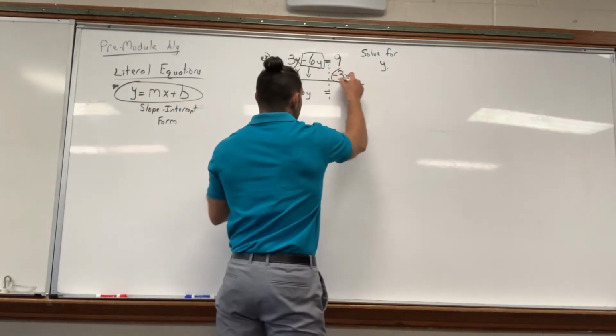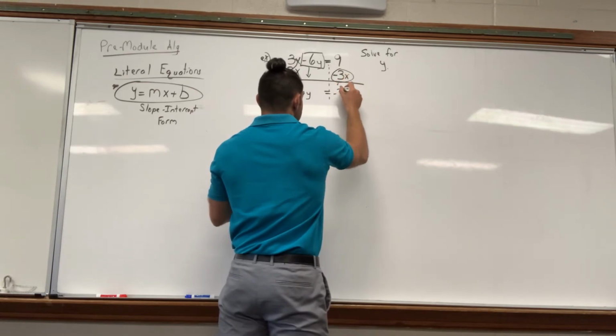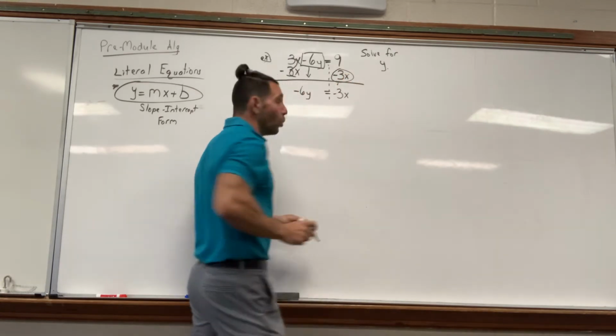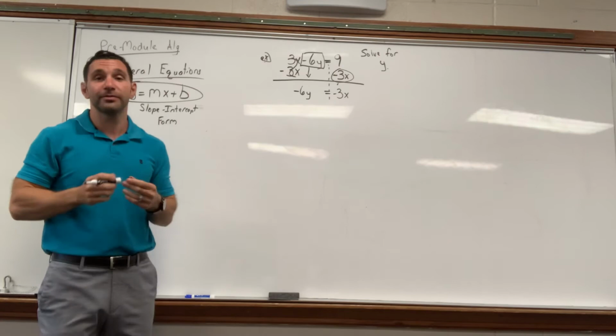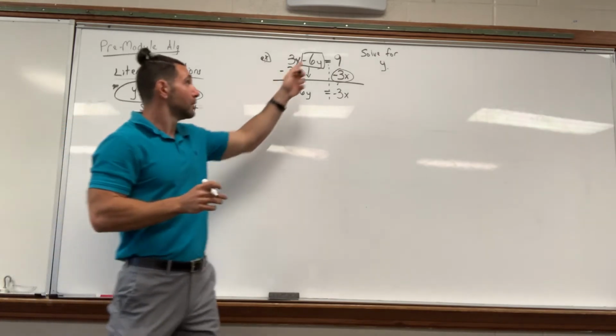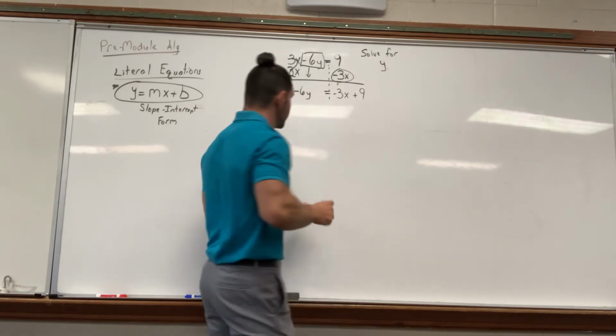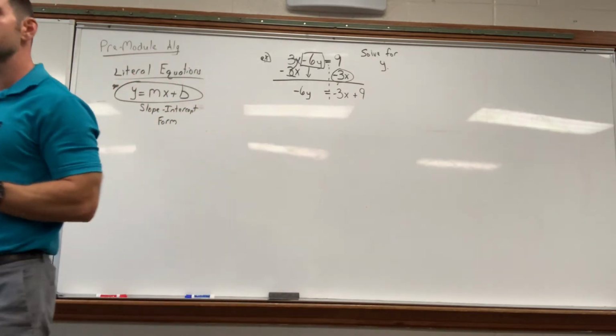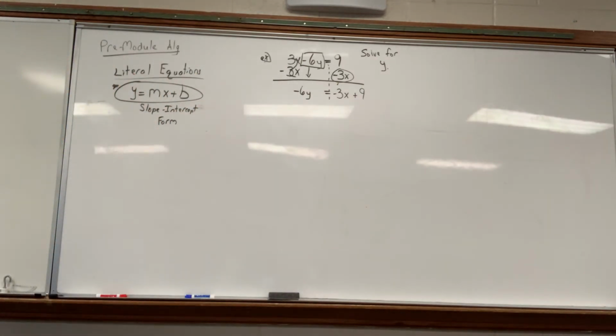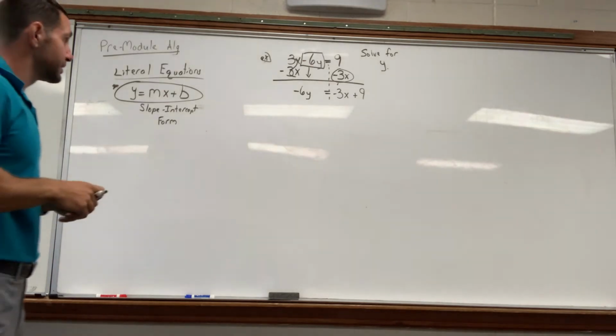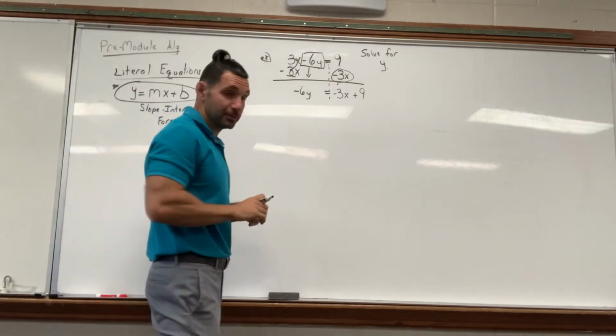So negative 3x drops down. What type of 9 do we have left over? Because we can't combine them, well, it has no sign, therefore it's positive. Okay, we're getting closer and closer. So now we have negative 6y equals negative 3x plus 9.